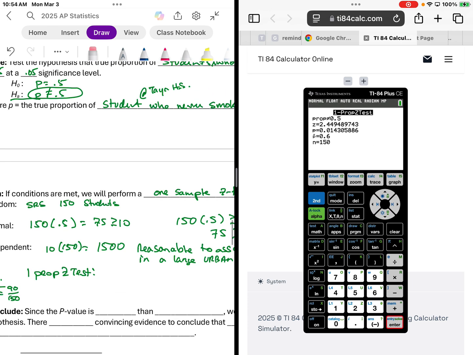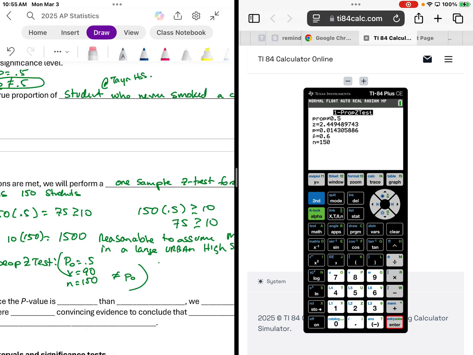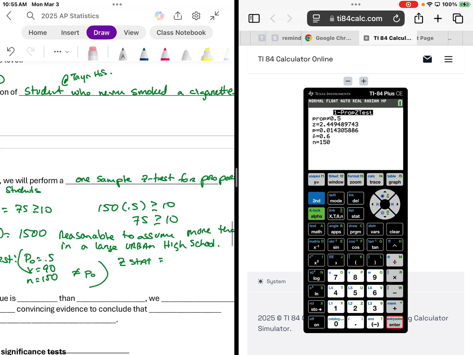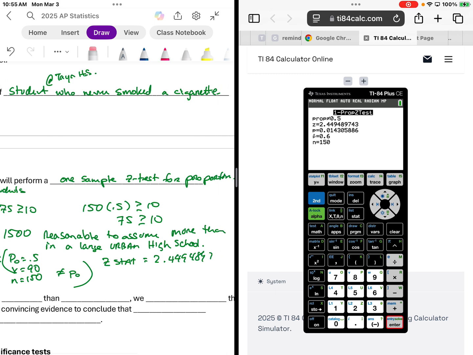And that tells me that as I went in there and put down, let's see, my p naught was 0.5. My x was equal to 90. My n was equal to 150. And I did not equal to p naught. And then that gave me a z statistic of 2.449489743.